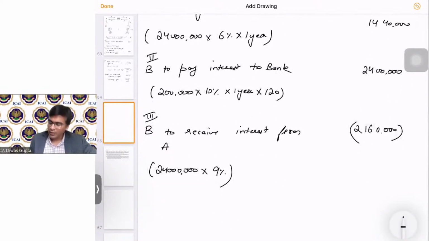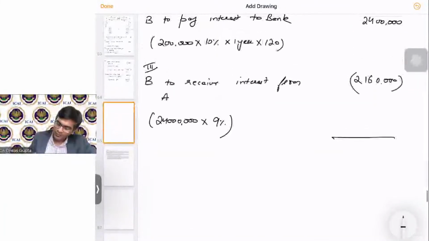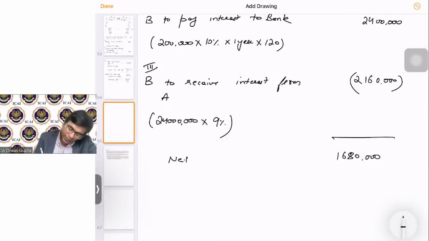This is the amount that B will receive, and hence net amount will become 1,680,000. This is the net interest under swap.